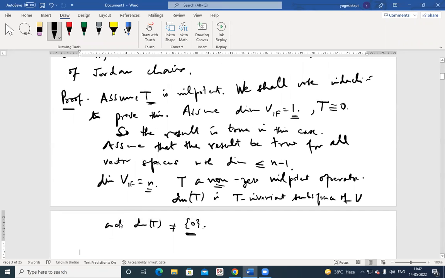Non-zero. All right. This is a subspace of V. So obviously this is nilpotent. Certainly there would be something in the kernel space which is non-zero. So the dimension of this image of T would be certainly less than n. Certainly less than n.